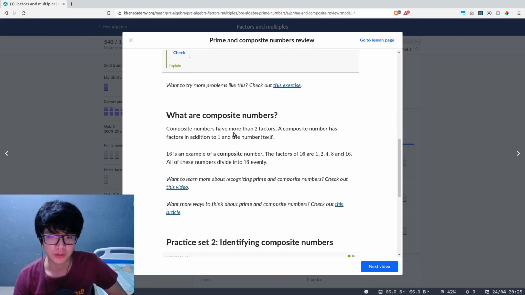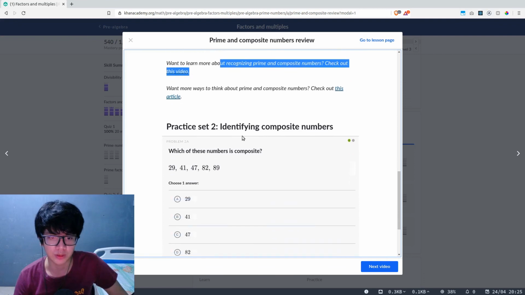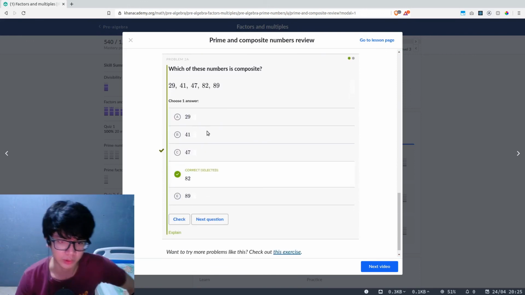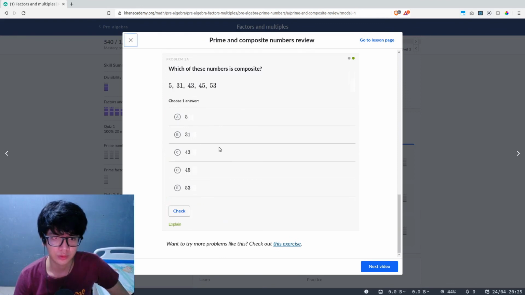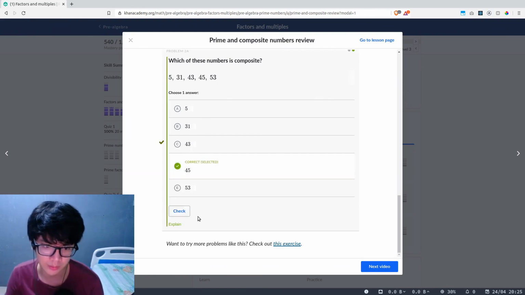What are composite numbers? So I guess these are prime numbers. 29, 41. Composite. 35 is composite.